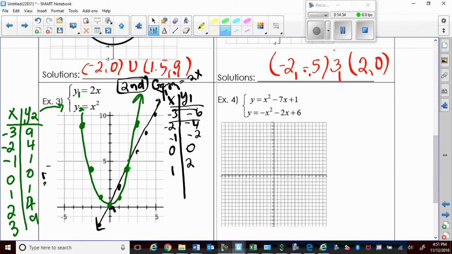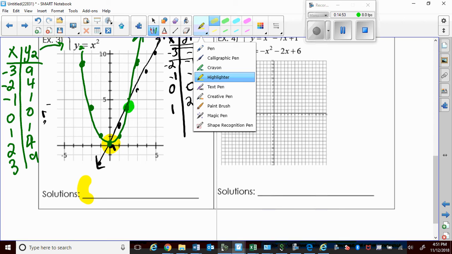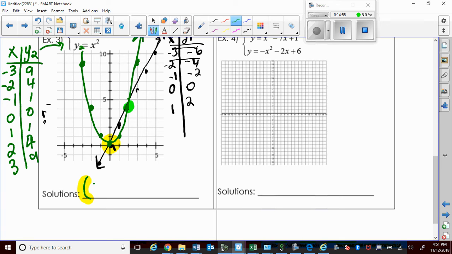I have a point of intersection here at 2, 4. And then I have a point of intersection here. So it's easy to see when you're graphing equations. So my solutions here are 0, comma 0.